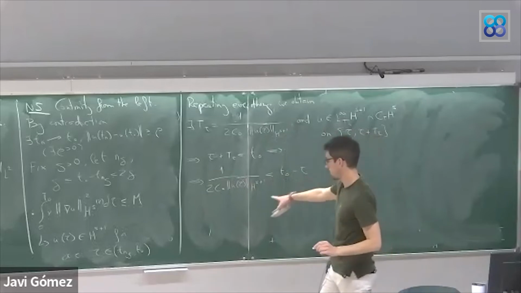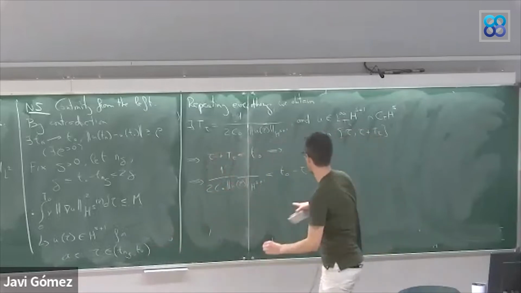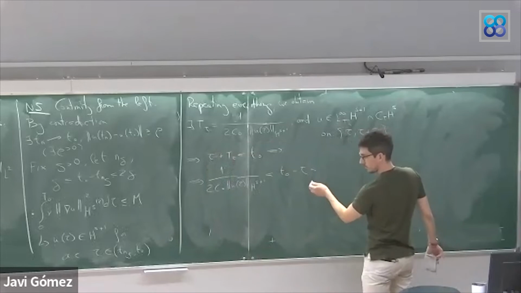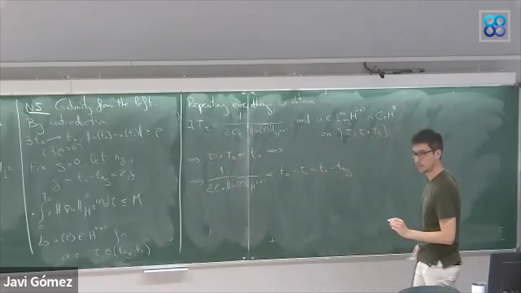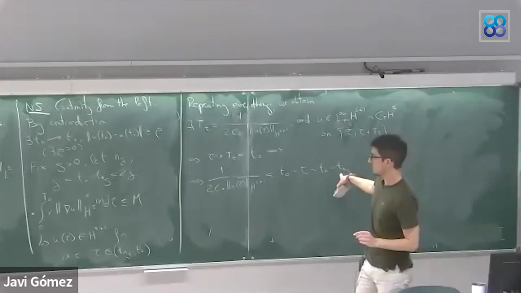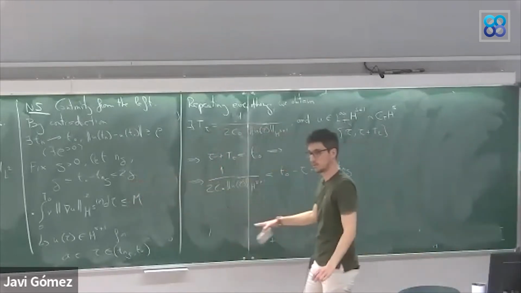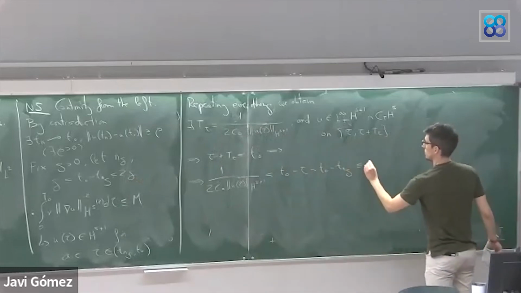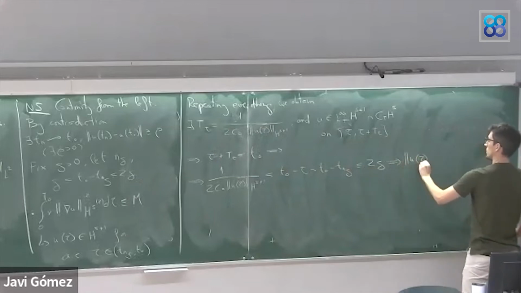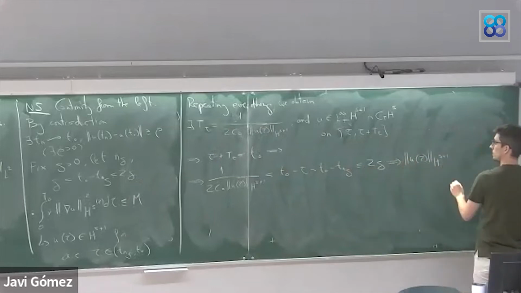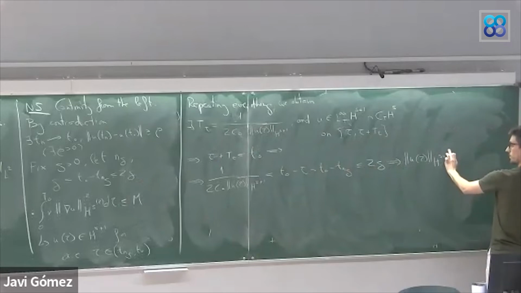Now tau I've chosen here, so in particular this is smaller than T0 minus T_n and delta, and this quantity was smaller than 2 delta. So this is smaller than 2 delta. So we have that the norm of u tau in Hs plus 1 is bigger or equal than a constant over delta.